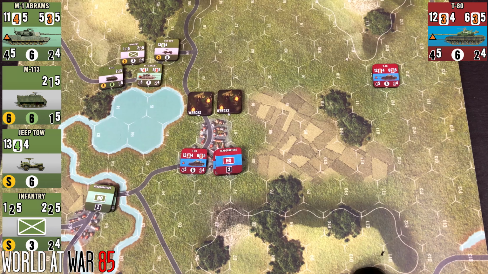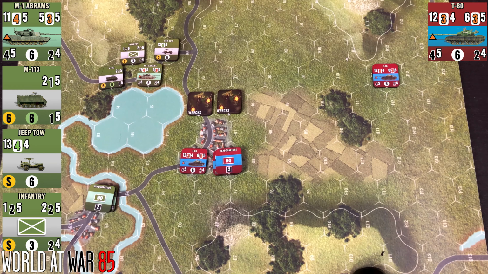When it comes to your HE, which again is in the upper right of the counter, that can be used against light armored vehicles or soft targets or aircraft. There are a few rare instances where you can use it against heavy armor, but that's going to be module specific, so we're going to ignore it for generalities. If a unit doesn't have the right type of attack, whether AP or HE, to attack its intended target, then it cannot conduct an attack.